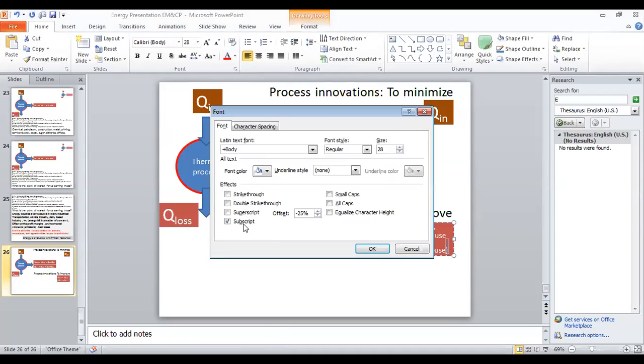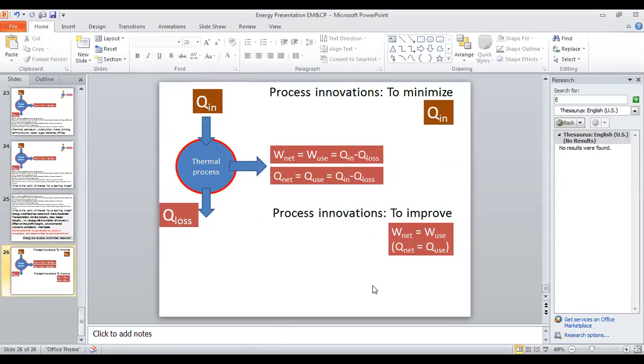So your output improvements, to improve output.